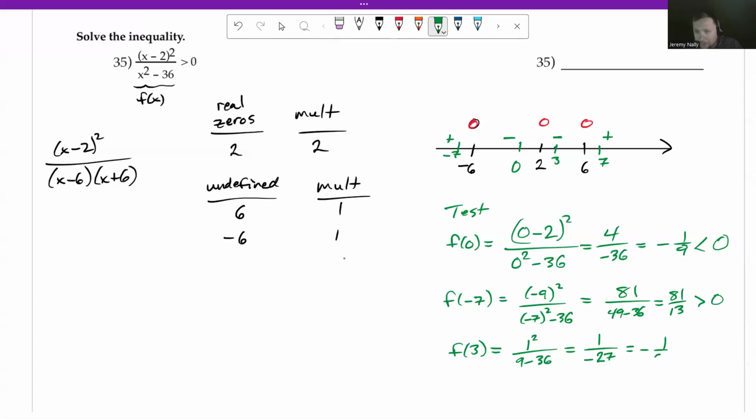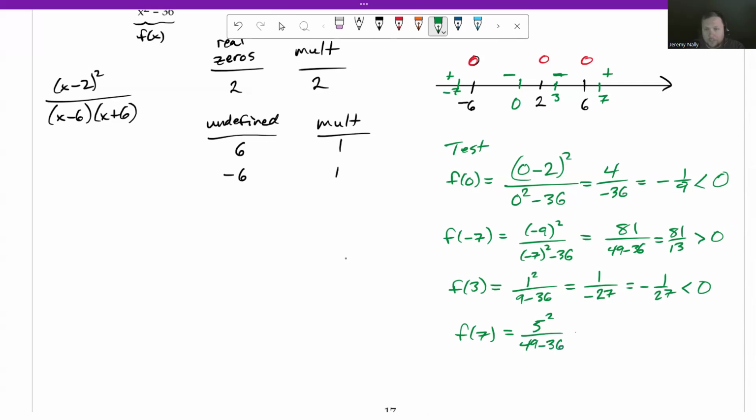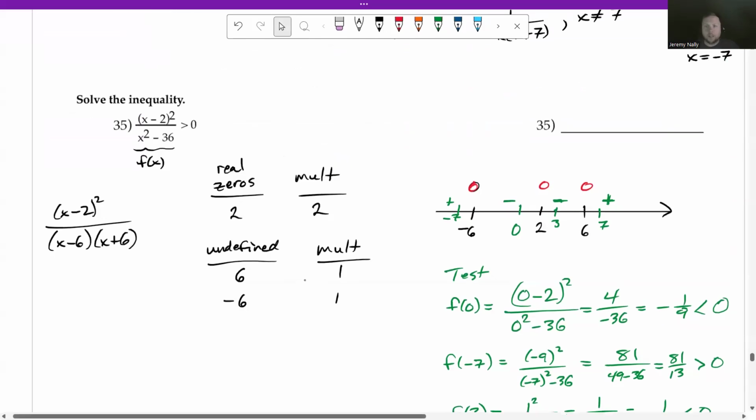So it's -1/27th, and then the important idea there is that it's negative, and oh, hey, I already marked that negative. And then f of 7. So then that's going to be 5 squared over 49 minus 36. So we have 25 over 13, which is positive. And see, that's already marked positive, right?